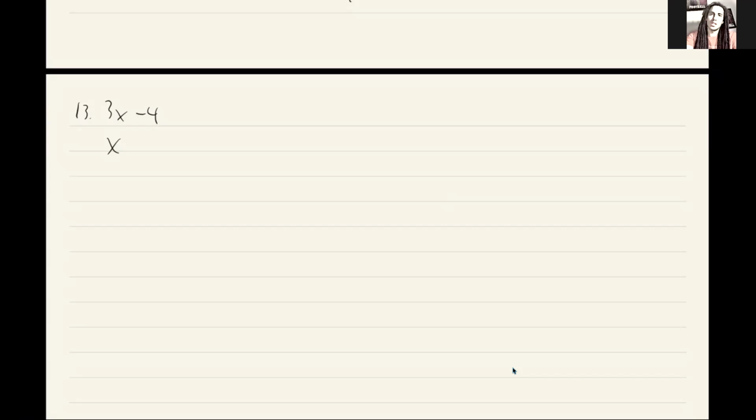So for 3x minus 4, when we say y equals 3x minus 4, we first want the slope. The slope is going to be the number next to the variable x, and that slope is going to be 3.